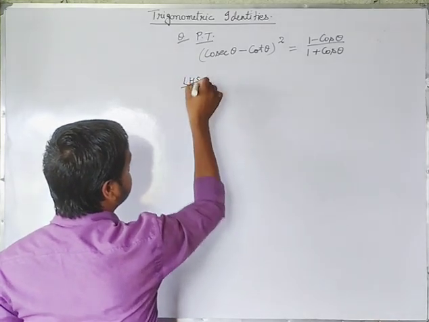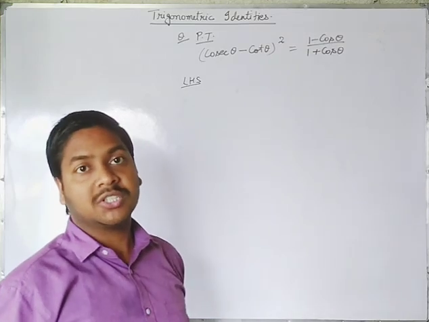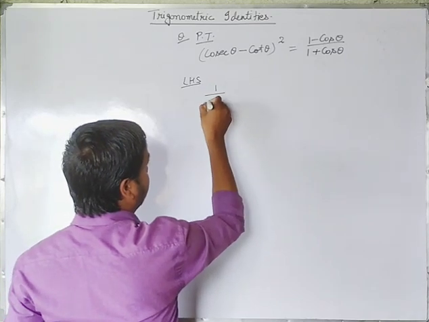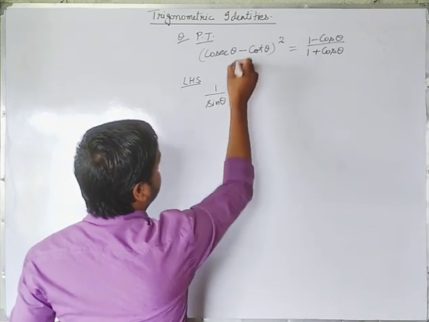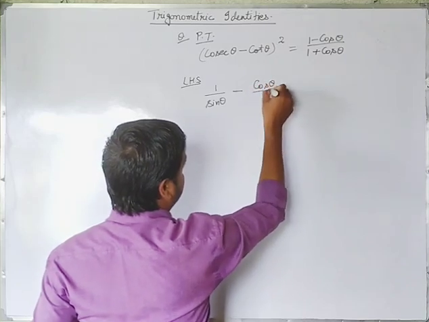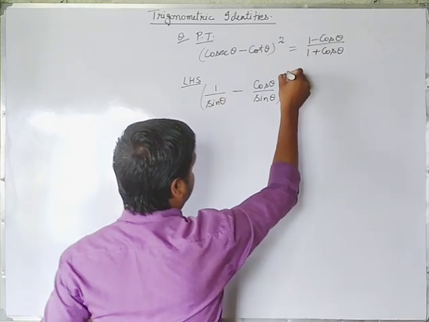Just take the LHS. Cosec theta, we have seen the formula: cosec is the inverse of sine. So cosec theta can be written as 1 by sin theta, minus cot theta which can be written as cos theta by sin theta, and it has the whole square.